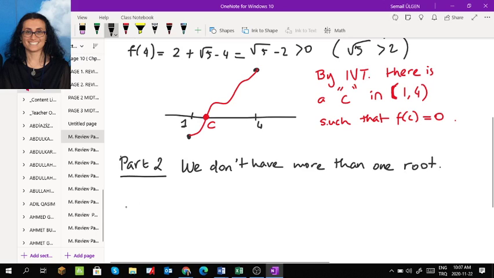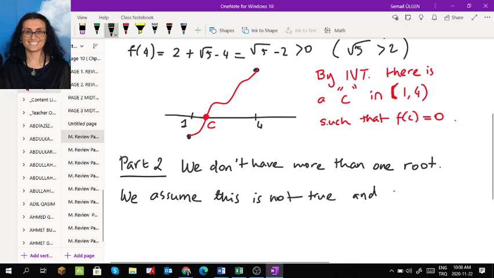How do we show that? We assume the opposite. We assume this is not true, and we get a contradiction.